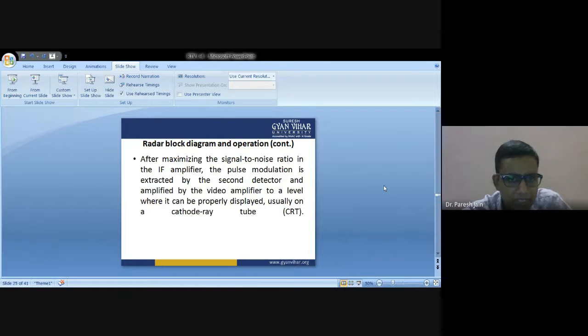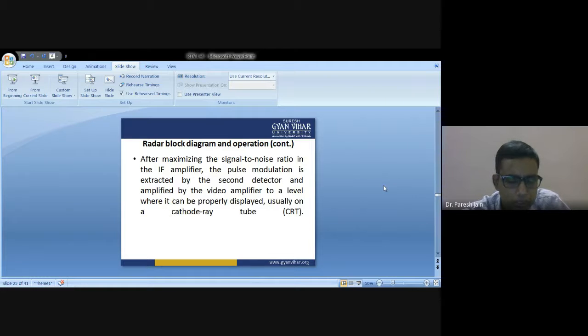After maximizing the signal to noise ratio in the IF amplifier, the pulse modulation is extracted by the second detector and amplified by the video amplifier to a level where it can be properly displayed, usually on a cathode ray tube, CRT.